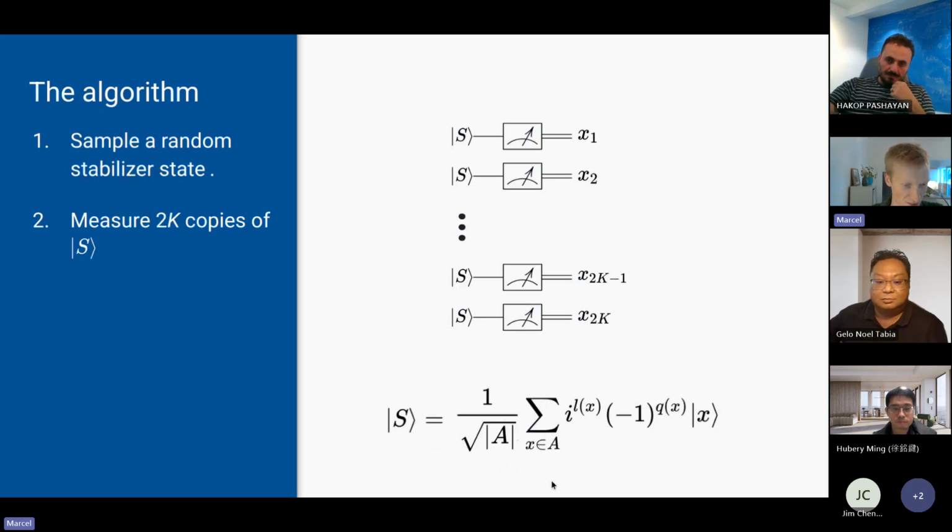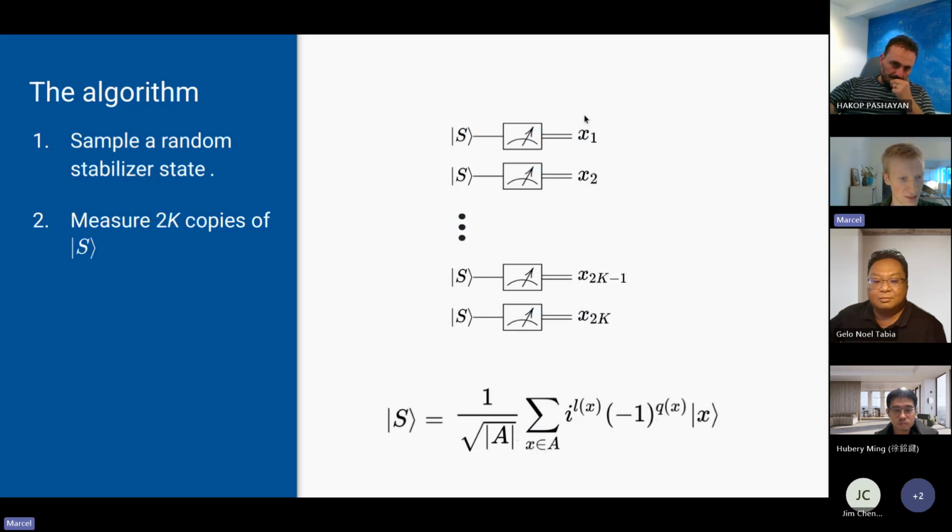One thing that is known about stabilizer states is that they can always be written in this form, up to some global phase. This is the expansion in the computational basis, and you see here that you only get bit strings that belong to some affine subspace of all bit strings.